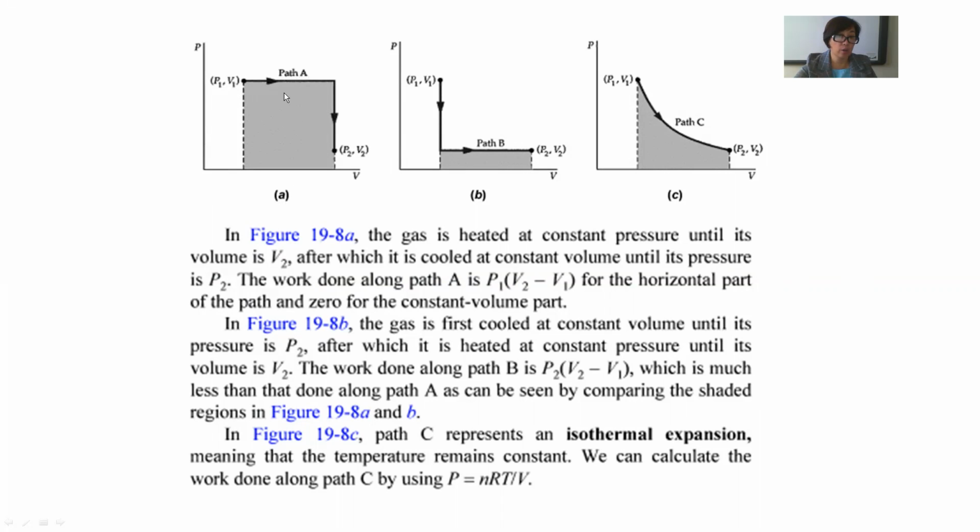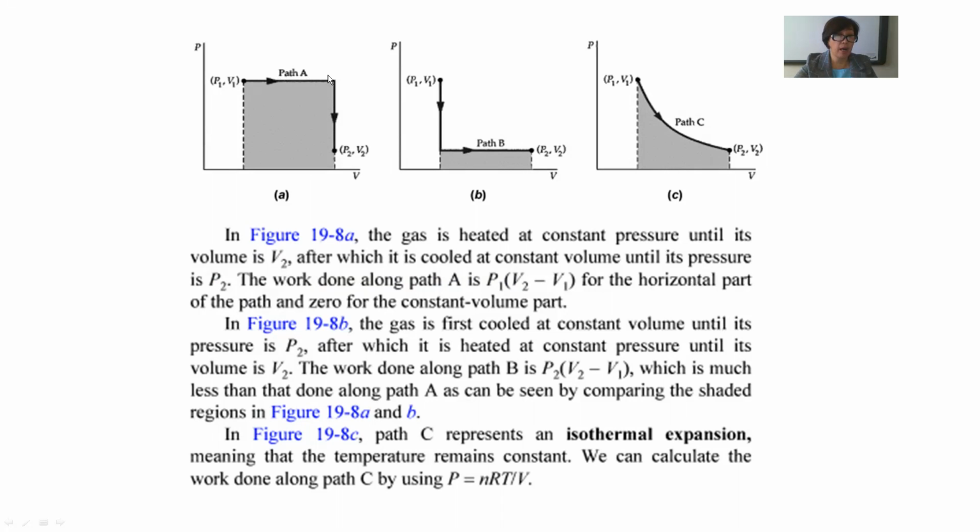The work done along path A is P1 multiplied by the changing volume, V2 minus V1, for the horizontal part.